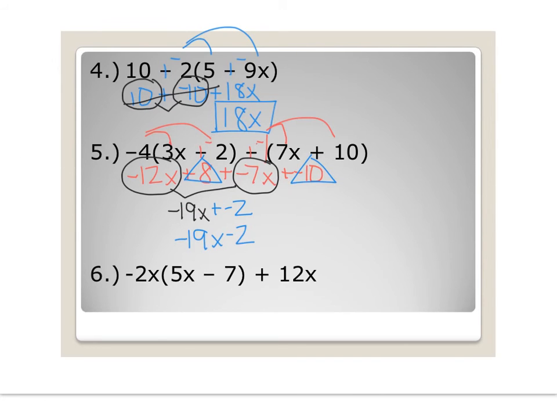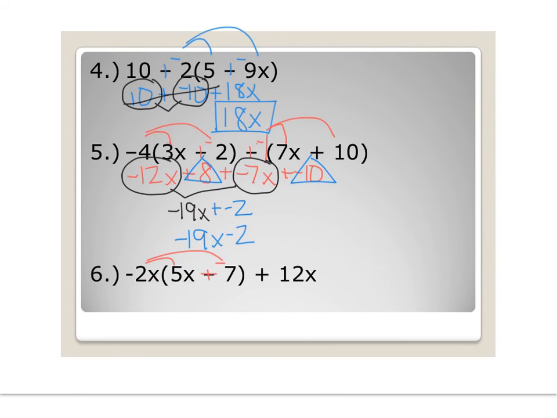Let's look at number 6, and then I'm going to have you guys try a couple of these on your own. On number 6, let's go ahead and add up first, and then distribute. When you're distributing, don't forget you are multiplying. So in this one, I'm taking an x times an x.